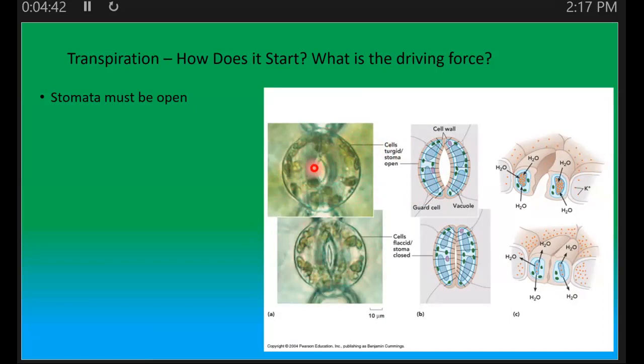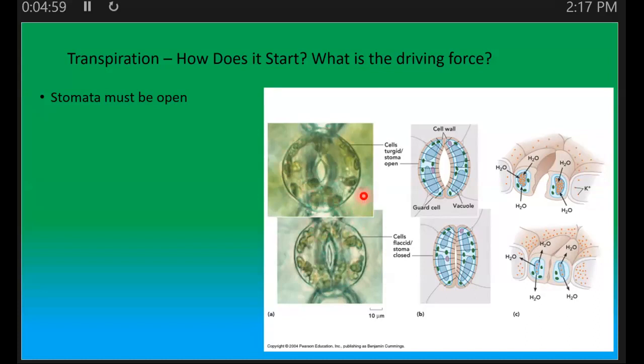That causes the guard cells to pucker away from each other, and that opens the pore. And then to get the pore to close, you just have the water exit out of the guard cells, and they go flaccid, or they lose that turgor pressure and they start to close over the pore.